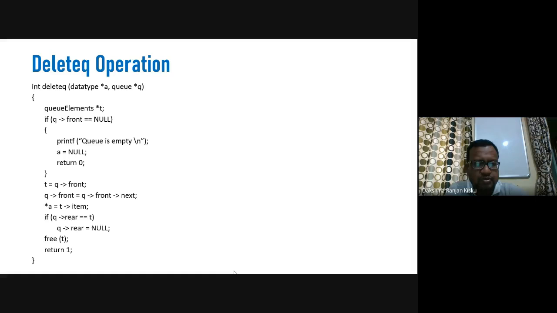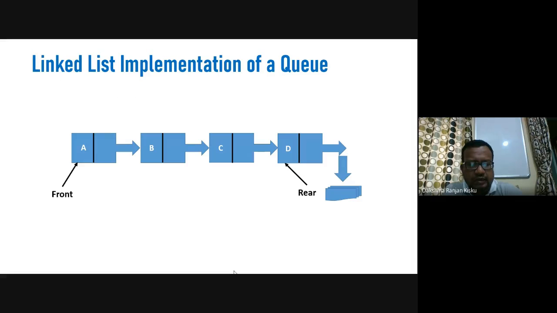Whenever the queue is not found to be empty, then we can make T equals to queue front. What does this mean? Since the elements are to be deleted from the front, the front pointer points to the first node of the linked list. And since the elements in the queue are deleted from the front end, the first node needs to be deleted.